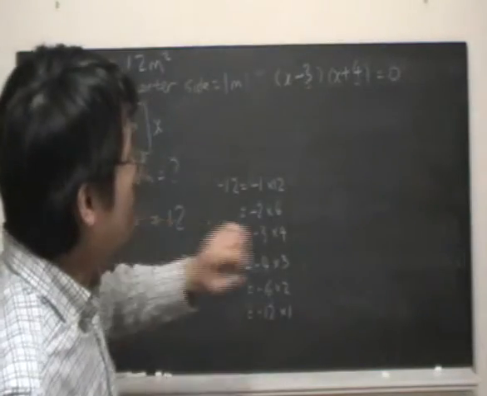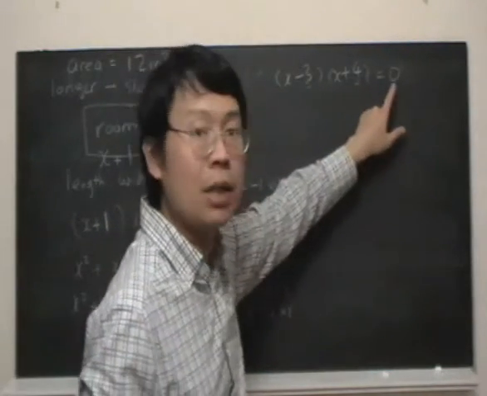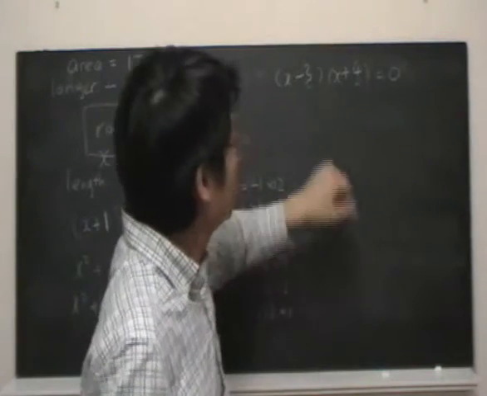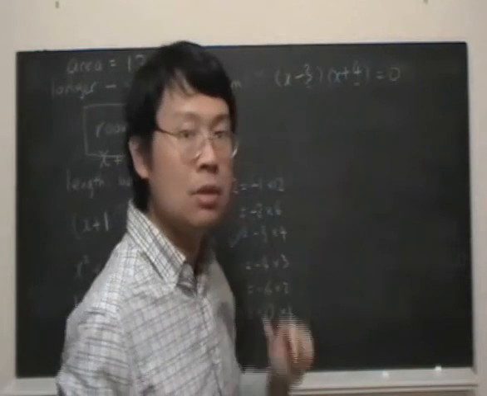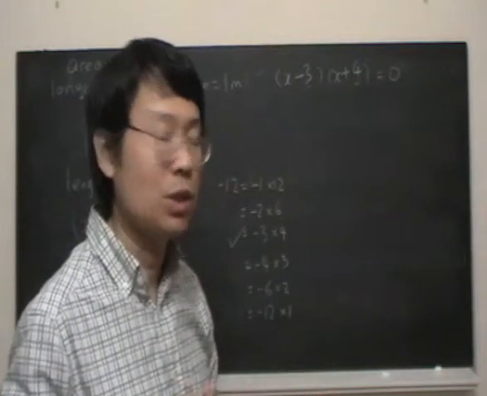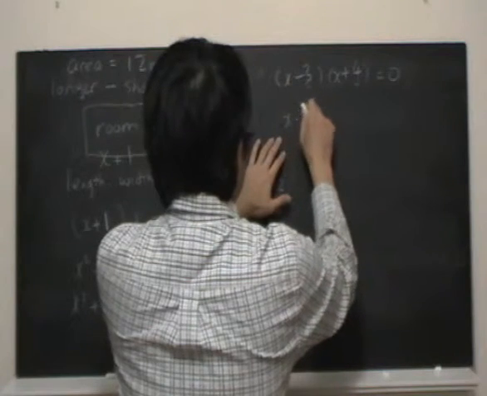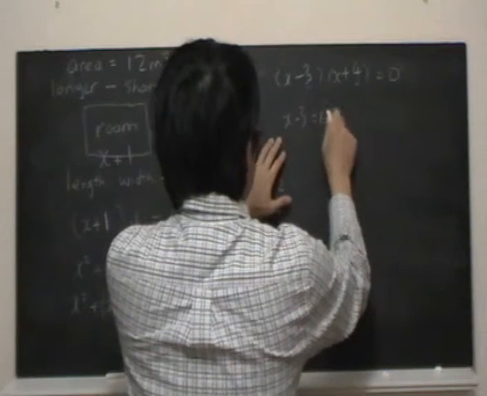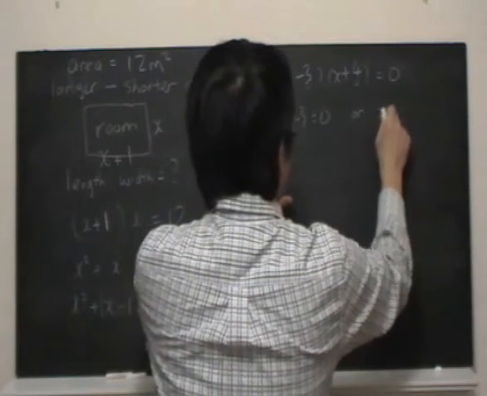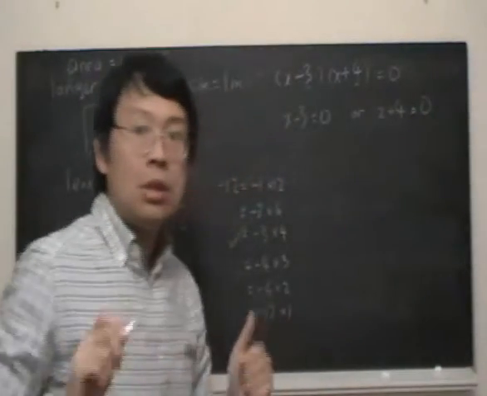We then say that we have the two factors which multiply to give 0. So one or the other factor must be 0. Let's write that. So x minus 3 is 0, or x plus 4 is 0.